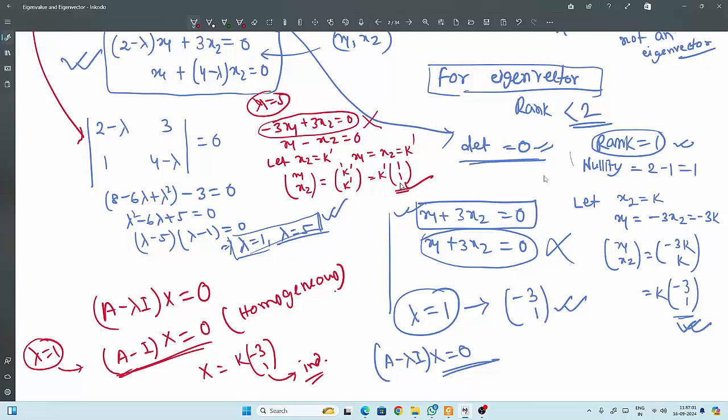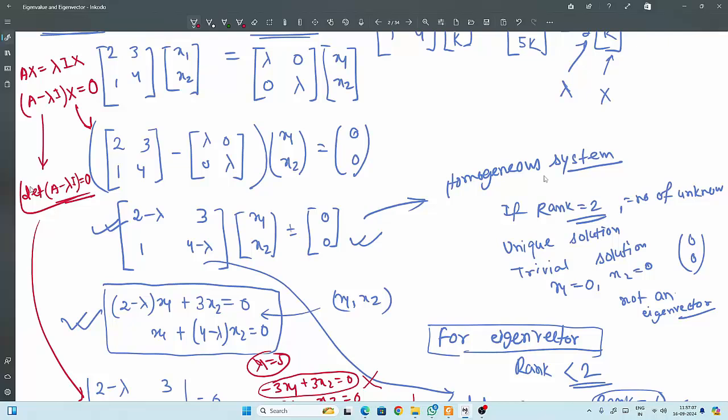why we are taking the determinant of A minus lambda I equal to 0. This is, I think, now clear: why we have to take the determinant of A minus lambda I equal to 0 for calculating the eigenvector. Because if you don't take the determinant equal to 0, in that case the rank will be 2, and if the rank is 2, then the solution will be the zero solution, and the zero solution will not give you an eigenvector, because eigenvectors are always non-zero vectors. So for a homogeneous system, if you need a non-zero solution, that means a non-trivial solution, your rank should be less than the number of unknowns.